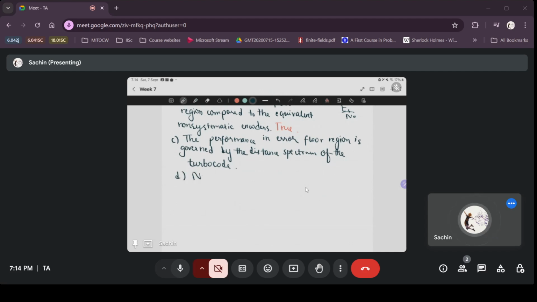D, none of the above. As I said earlier, this is also true. In the error floor region, the performance depends on the spectrum. So none of the above is a false statement. All the statements are true.